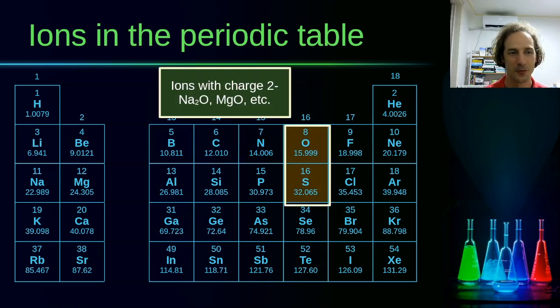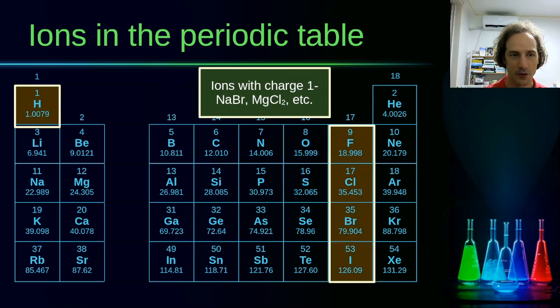And if we go to group 16, oxygen and sulfur will have ions with a charge of -2. And in group 17, the halogens, and interestingly hydrogen from group 1, will have ions with the charge -1. So if you consider sodium bromide or magnesium chloride, all have these elements as ions with -1 charge.